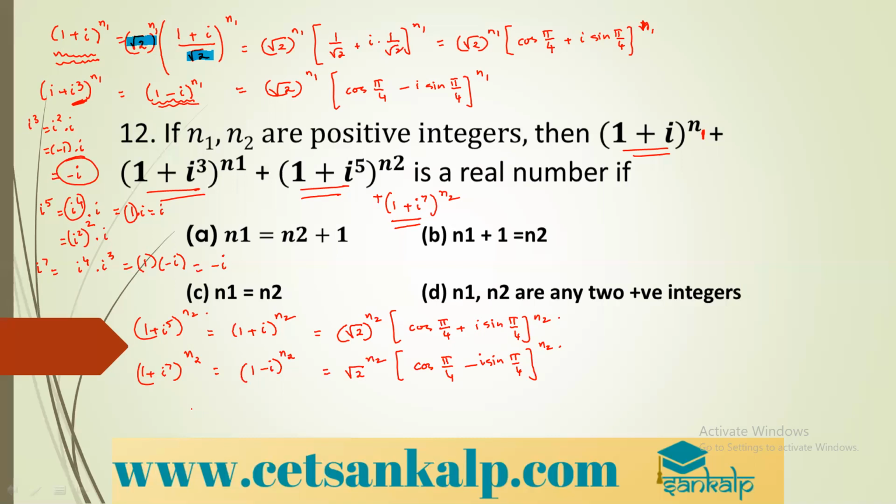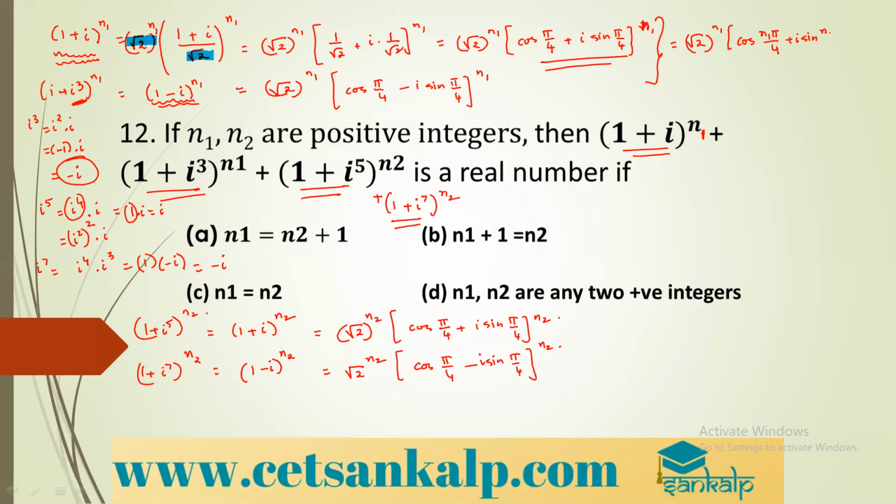So when you add up all, what will you get? First, I will add these two: (1 plus i) power n1 and (1 minus i) power n1. Before adding, I will apply De Moivre's theorem. That means I will have root 2 power n1, and the power n1 will come and multiply with pi by 4, in both the cos and the i sin.